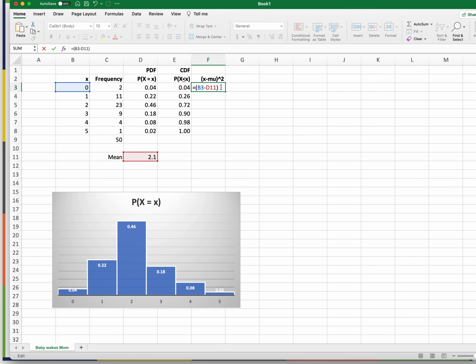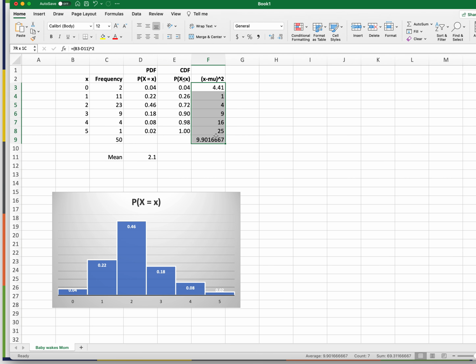I use the thing above the 6, which is a caret, and then a 2, that means I'm squaring it, so I get 4.41. I add all that up, and then I divide by n. I take the average of that. And what happens when I take the average of that? Average means I divide it by 5. So the average becomes this.